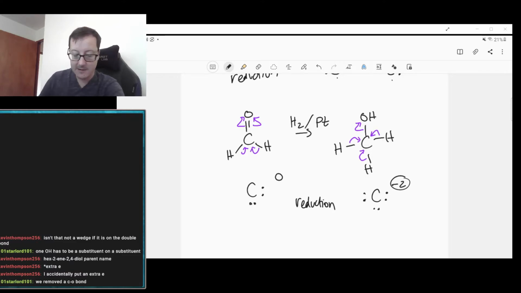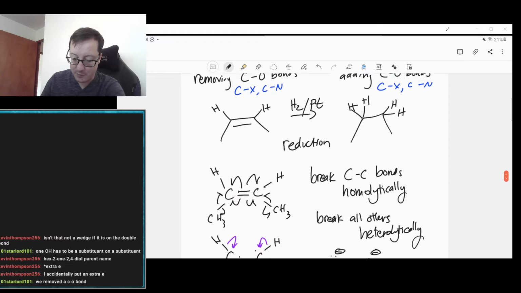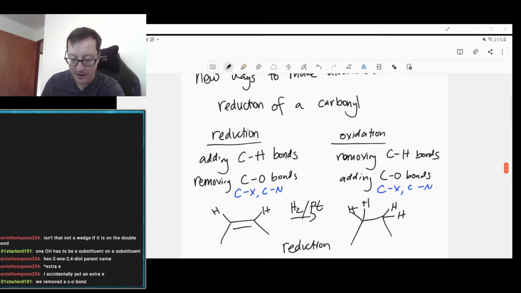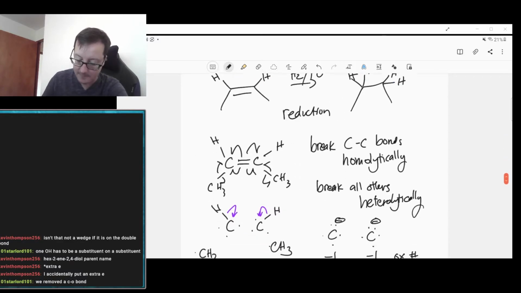I think this chart is a bit more of a straightforward way to identify whether reduction or oxidation is happening in an organic molecule. I like this way, but if you want to look at oxidation numbers, that's just fine. That'll always get you the same correct answer. All right, so either of these would be examples of that.